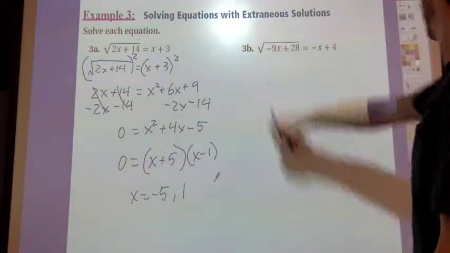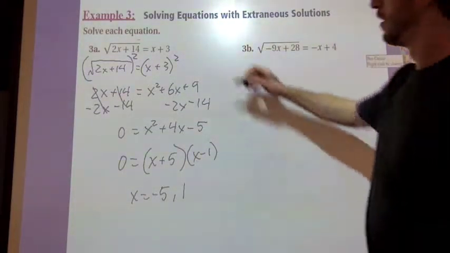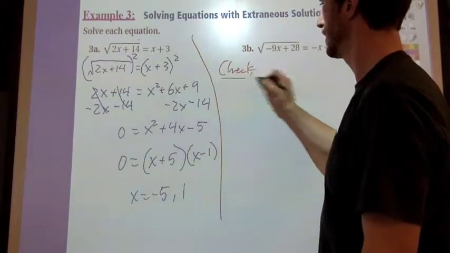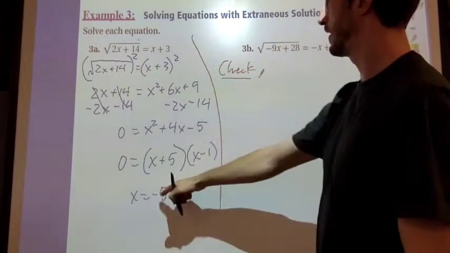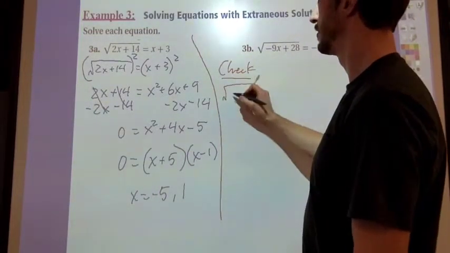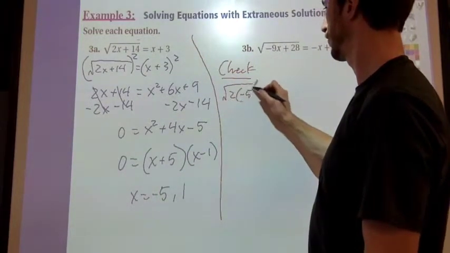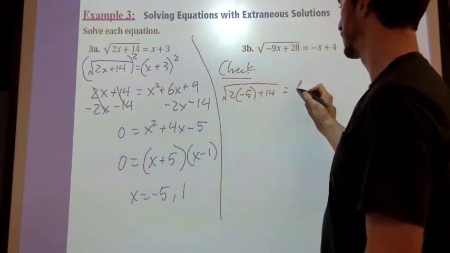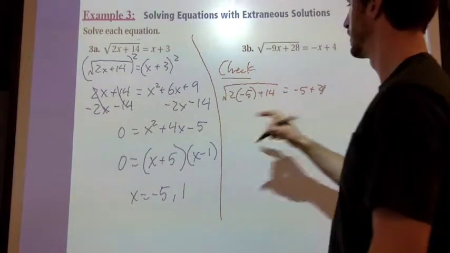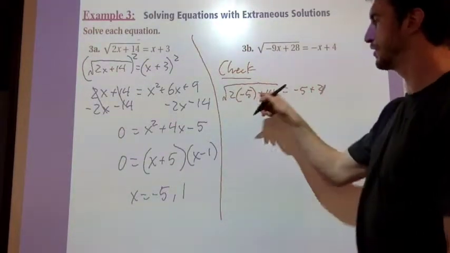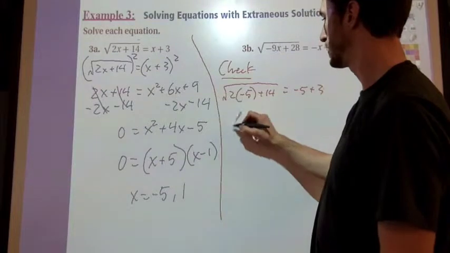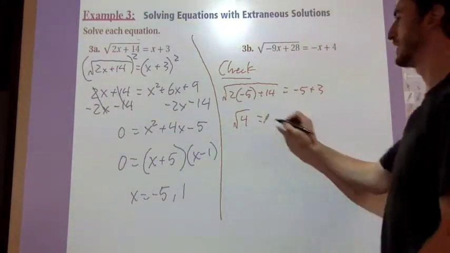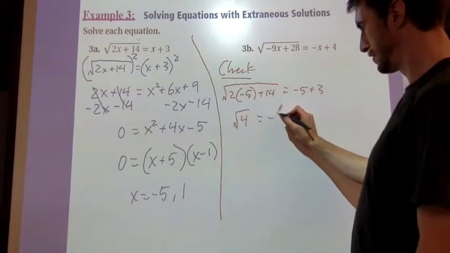So over here I'm going to check. So let's plug in negative 5 first. So I have the square root of 2 times negative 5 plus 14 equals negative 5 plus 3. 2 times negative 5 is negative 10 plus 14 is positive 4, so that's a square root of 4 equals negative 5 plus 3 is negative 2.